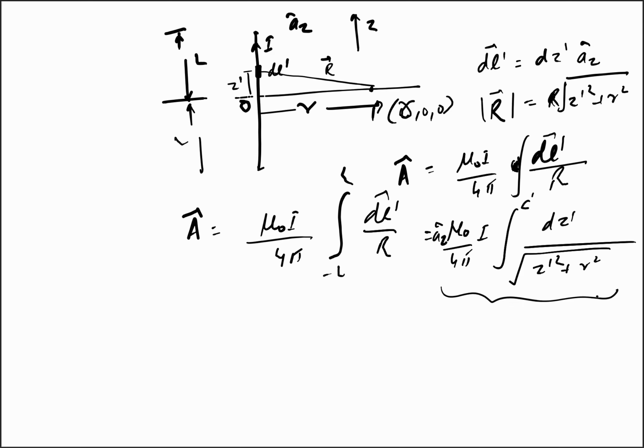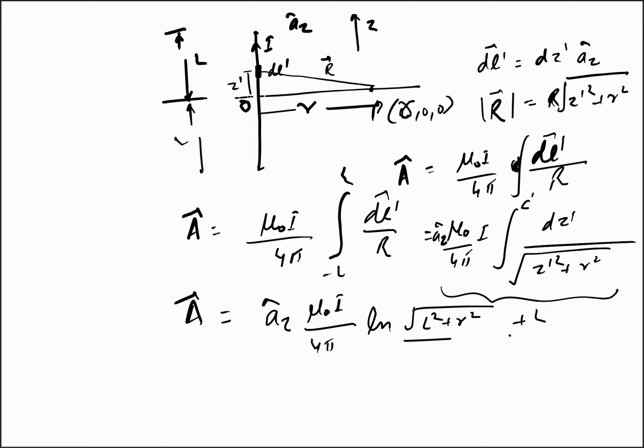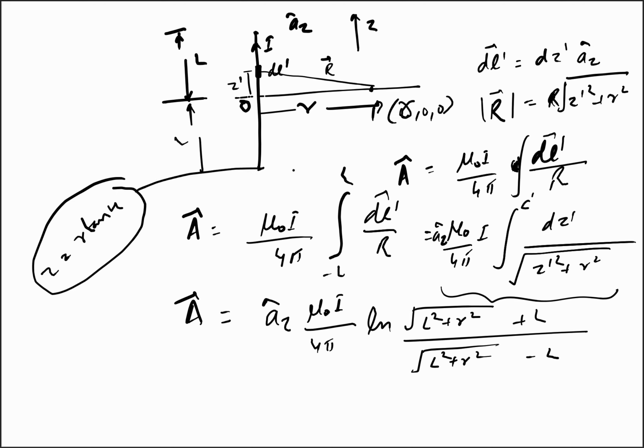This is a standard integral found in various integral tables, and from solving you can find that it is equal to az mu naught I over 4 pi natural log of the quantity square root of L square plus r square plus L, over square root of L square plus r square minus L. You can solve it by just putting z dash equal to r tan u, replacing this in here.